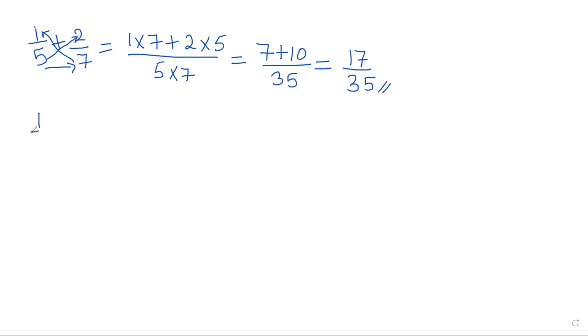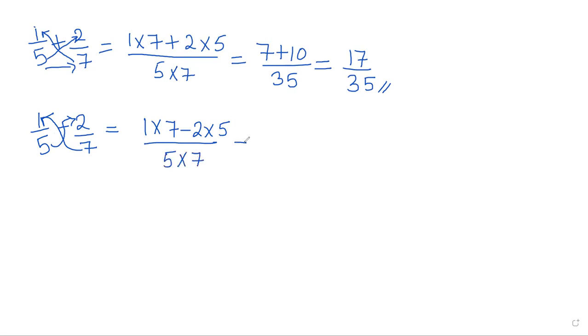If you are subtracting this same thing, use the same process. So this goes here, multiplies, this goes here. 1 times 7 minus 2 times 5. Denominator is 5 times 7. 1 times 7 is a 7. 2 times 5 is a 10.